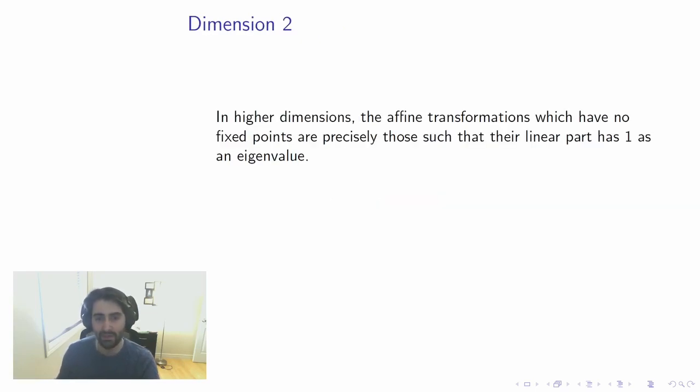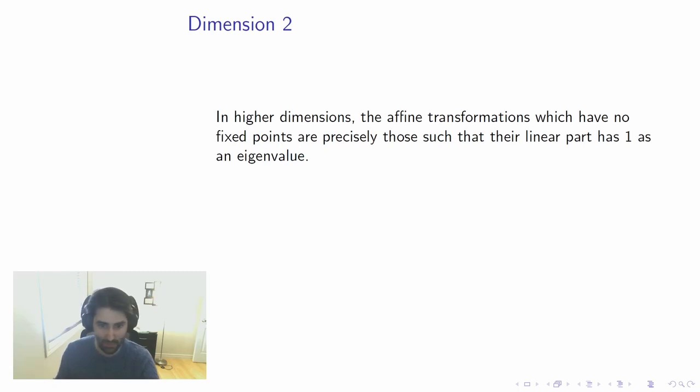So in higher dimensions, the affine transformations that have no fixed points are exactly those that have 1 as an eigenvalue for the matrix part, right? An affine transformation has a matrix and a translation. And if you want to have no fixed points, you need to have 1 as an eigenvalue.